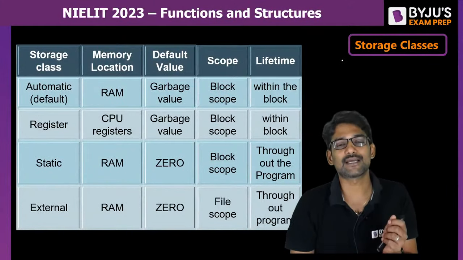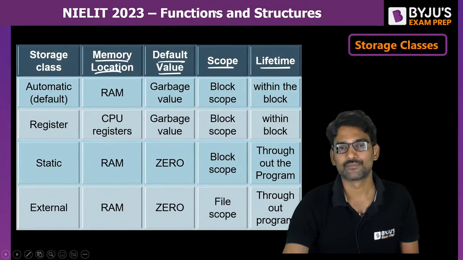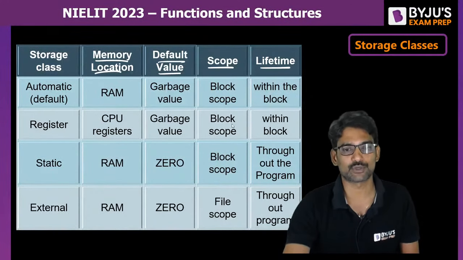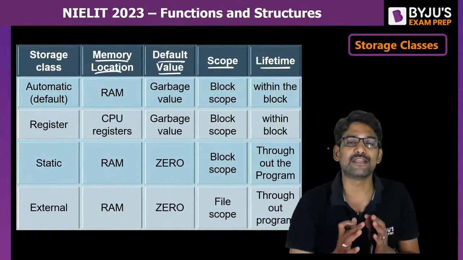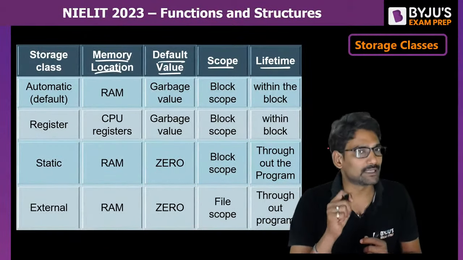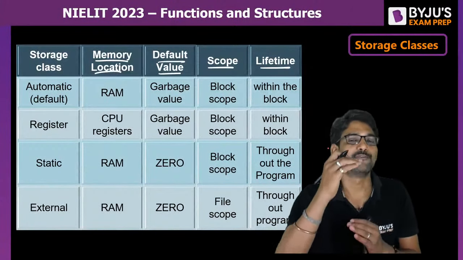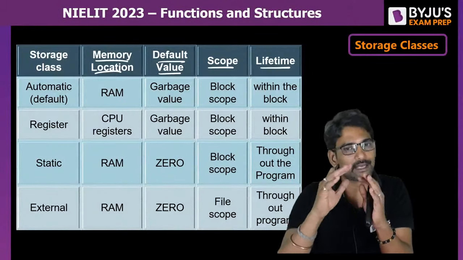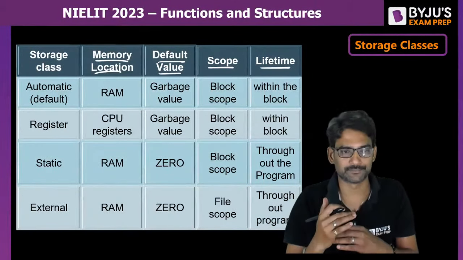So storage class gives these 4: memory location, default value, scope, lifetime. These 4 are defined by the storage class for any variable. So if you don't give any value, what would be the default value and where the memory gets allocated, and if it is created in one block, can you use it in another block, and what is the lifetime?